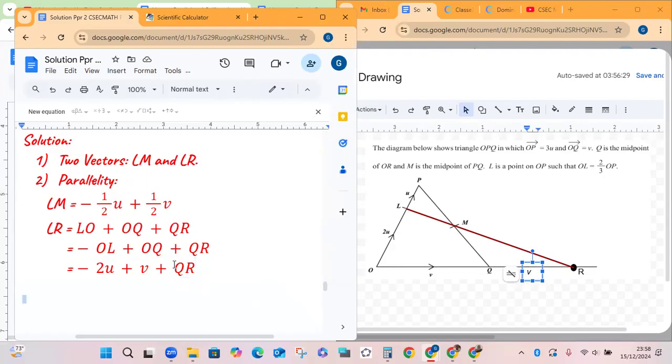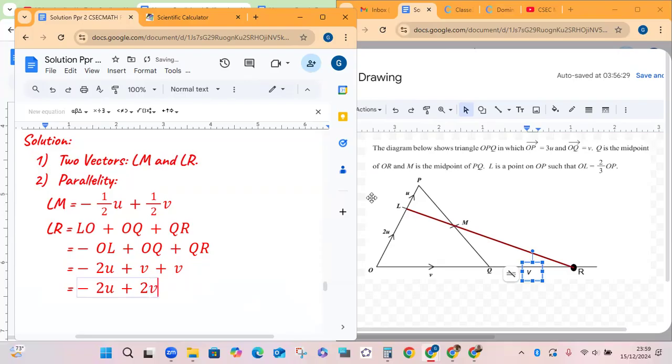So therefore, we can replace QR with the letter V. And as you can see, LR simplifies to minus 2U plus 2V.